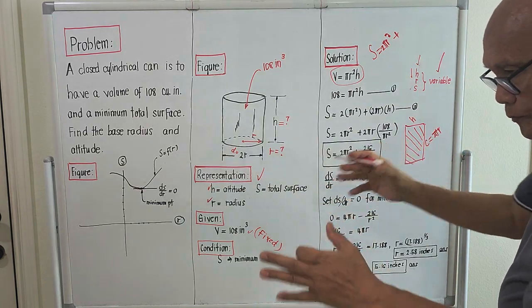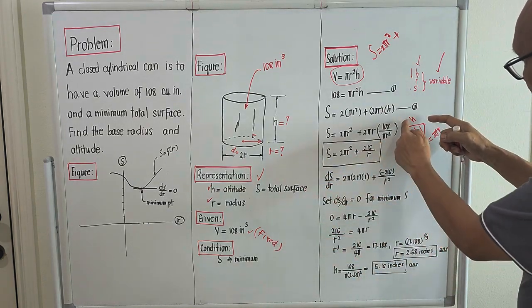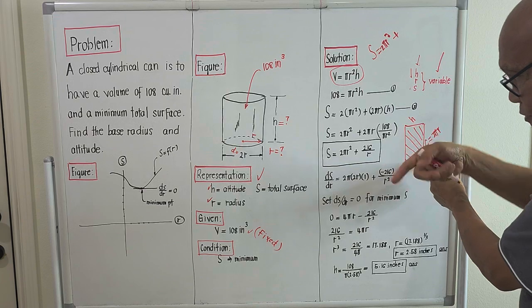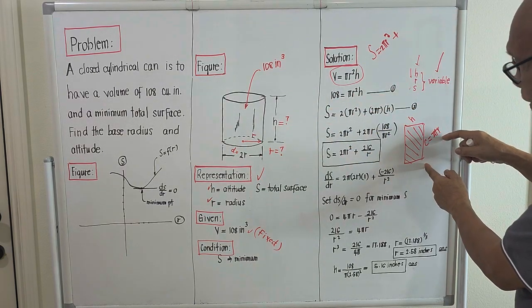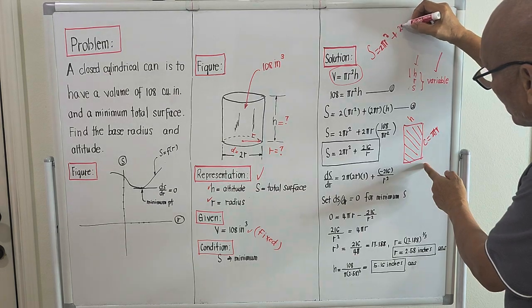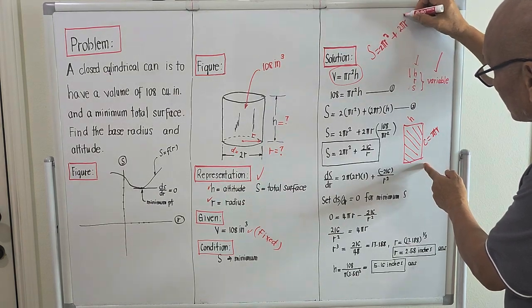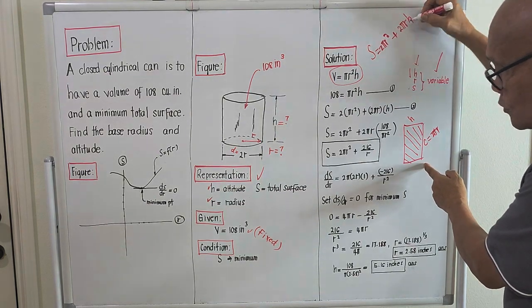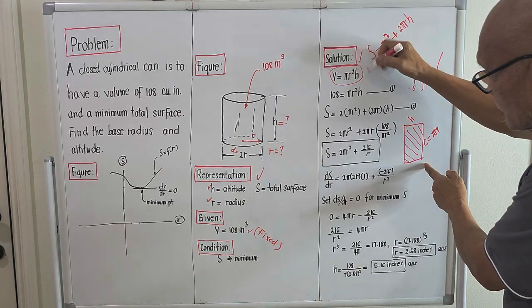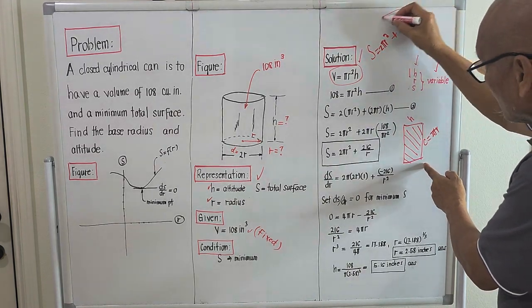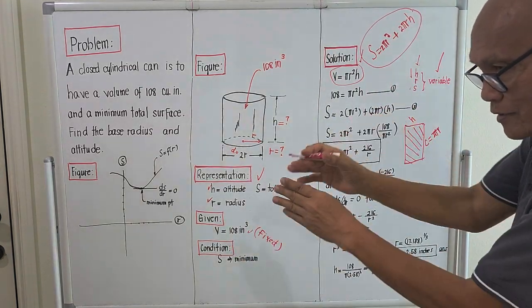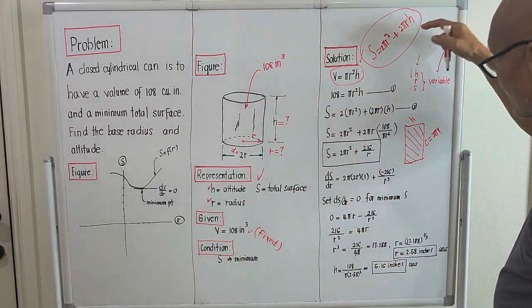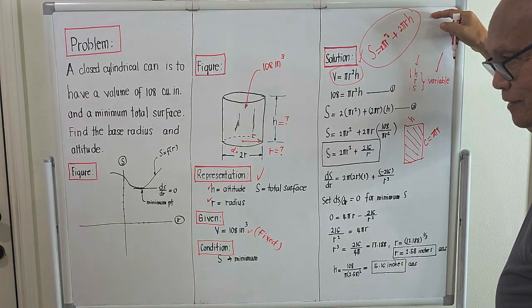If we compute the area, it will be h times the circumference that goes around, which is 2 pi r. So this should be 2 pi r times h. We will be using this first formula on the volume, and the formula on the total surface, which we derived: 2 pi r square plus 2 pi r h. Okay?